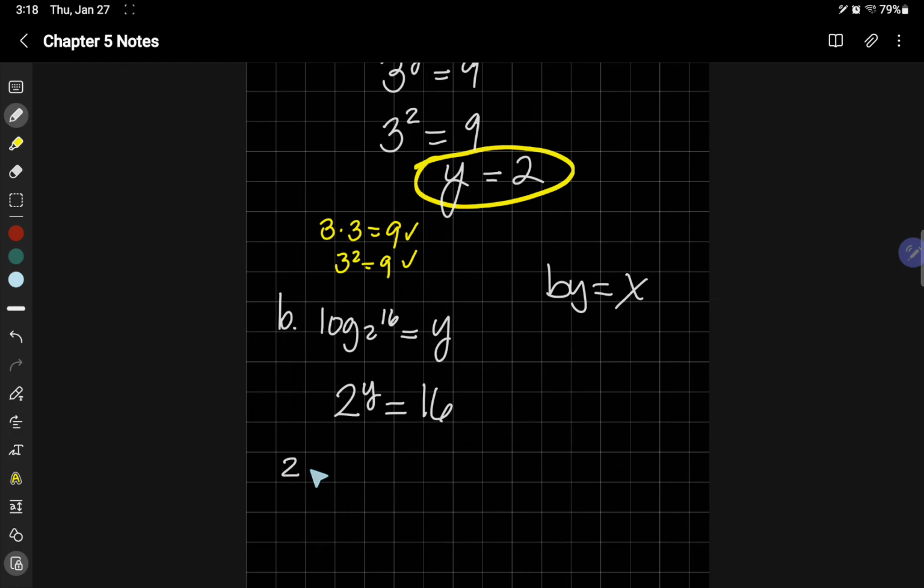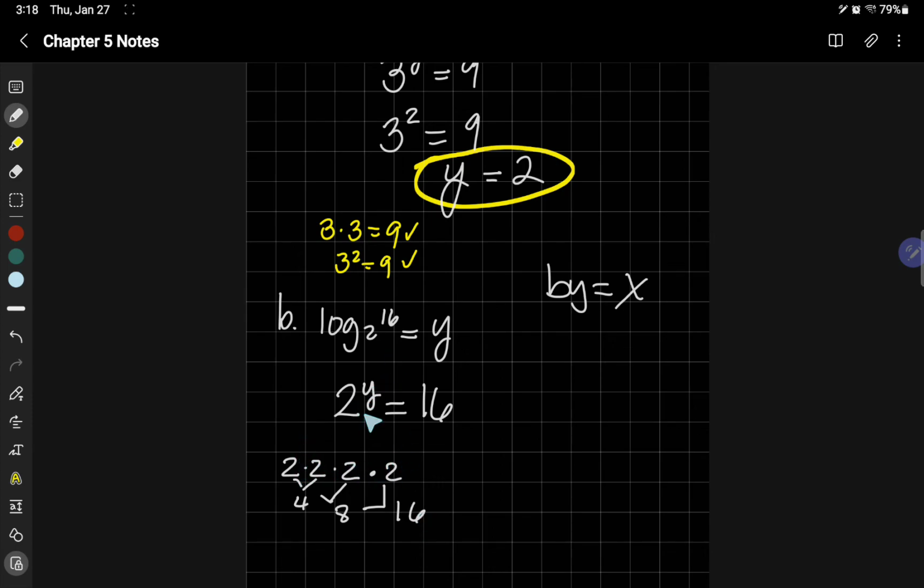Let's do this. 2, 4. So that means 2 times 2 is 4. 4 times 2 is 8. Times another 2. 8 times 2 is 16. That's 16. So 1, 2, 3, 4.